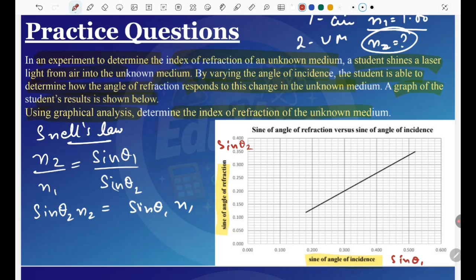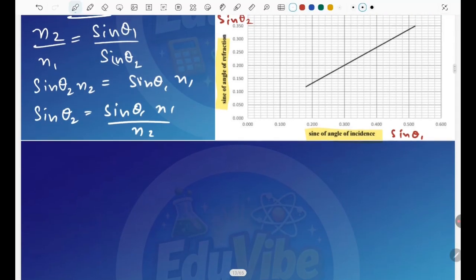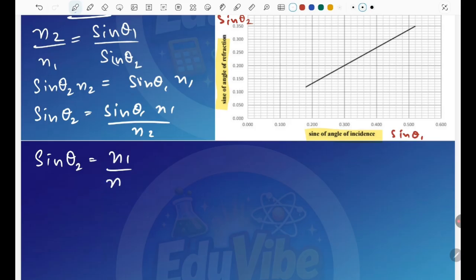So you can see over there, this is our sine theta 2 and this is our sine theta 1. The sine theta 2 is on your y-axis, so this stays over there, and that n2 goes over there. So sine theta 1 times n1 upon n2. And the sine theta 1 is your x-axis. So sine theta 2 is equal to n1 upon n2 times sine theta 1.